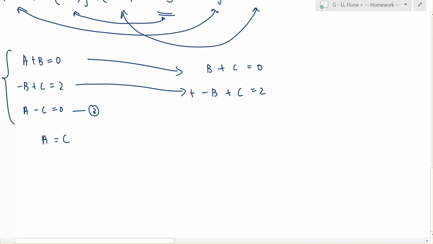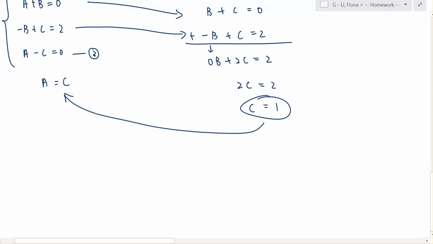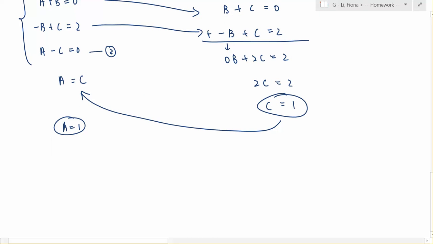And so if we add these two equations together, we will get 0B plus 2C equals 2. And so 2C will equal 2 and C will equal 1. And so if we plug C equals 1 back into this equation, we will get A equals 1.